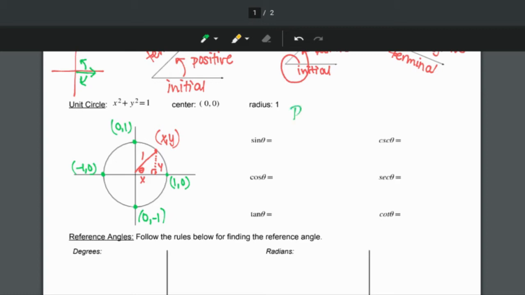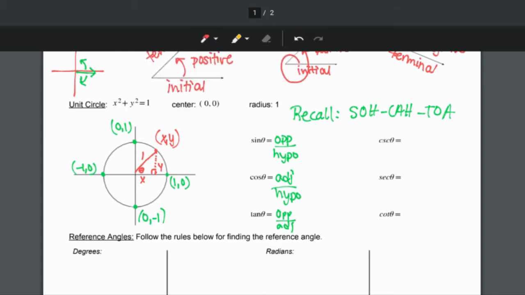All right, so if you remember from geometry, sine equals opposite over hypotenuse, cosine is adjacent over hypotenuse, and tangent is opposite over adjacent. So now we're going to use this triangle in red, and we're going to label sine using the specific sides x, y, and 1.